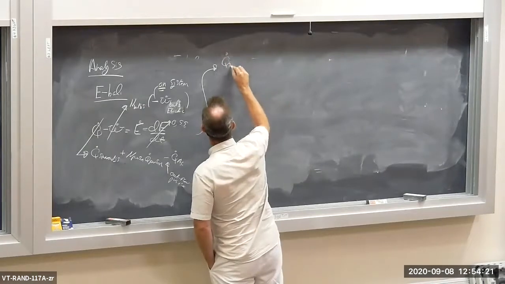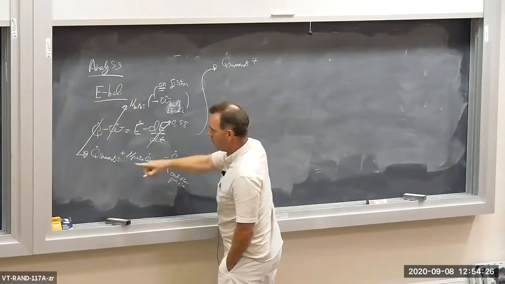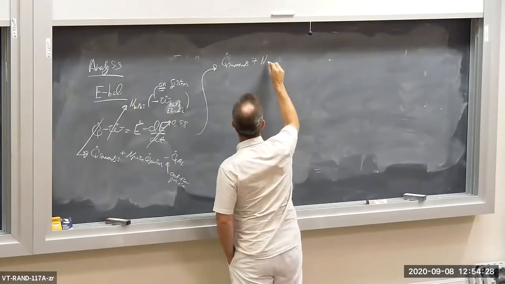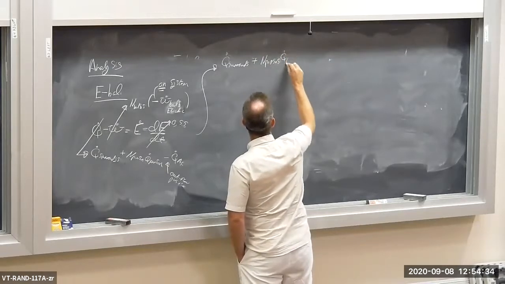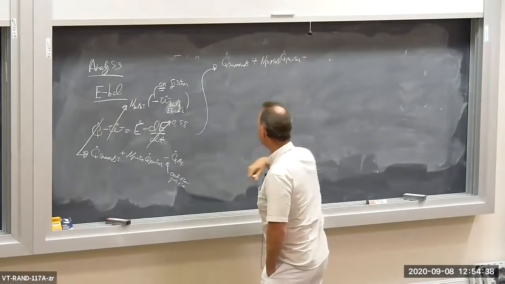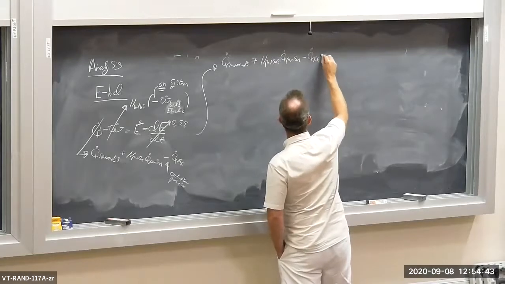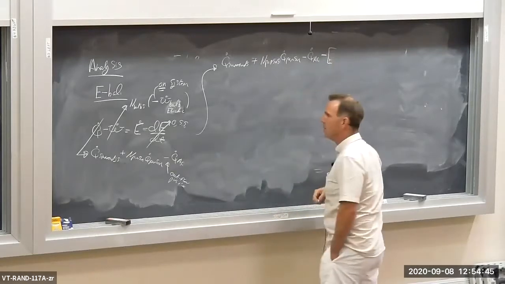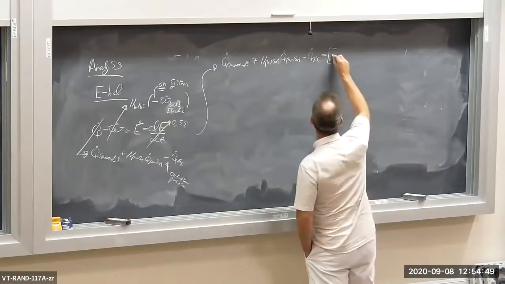Q dot surroundings plus N persons Q dot person, and then I have a minus Q dot AC, and then I have a minus, and now I got the work or power terms from the electric light bulbs.